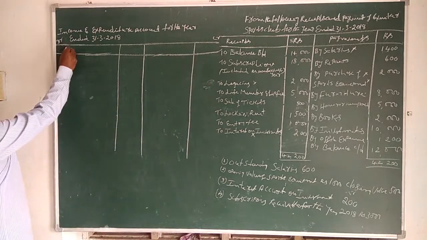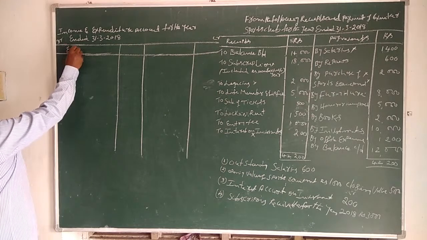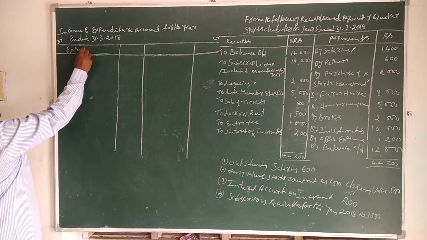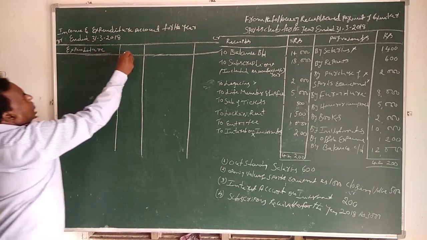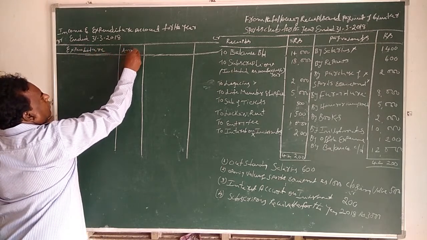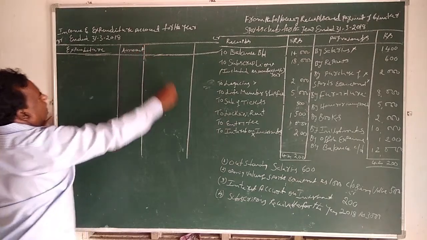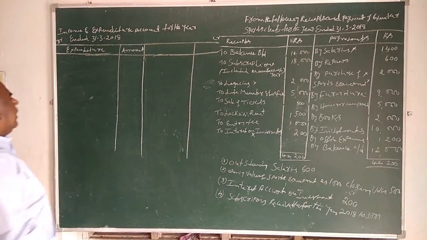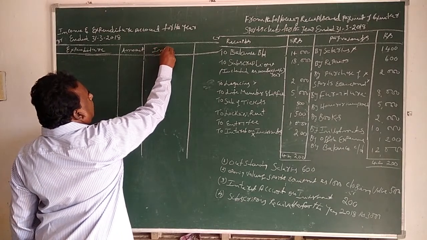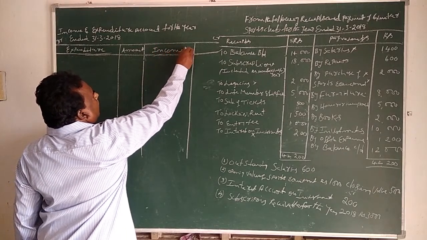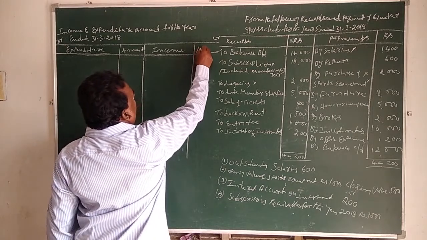Debit side expenditure, amount. Similarly, credit side income, amount.